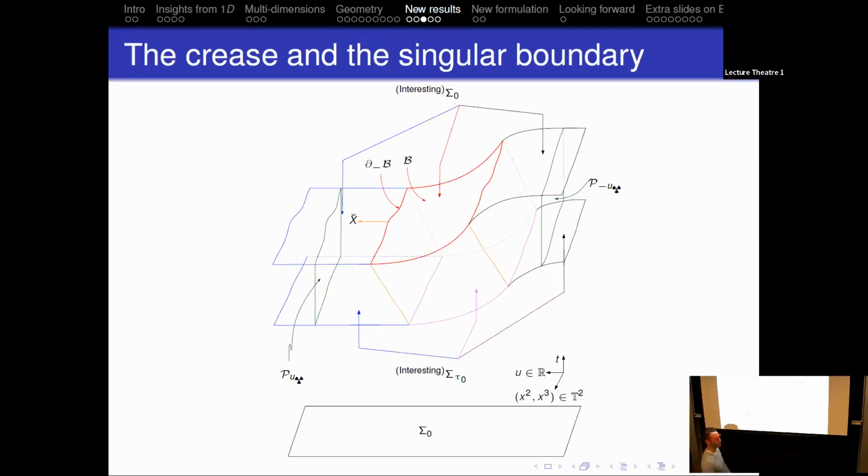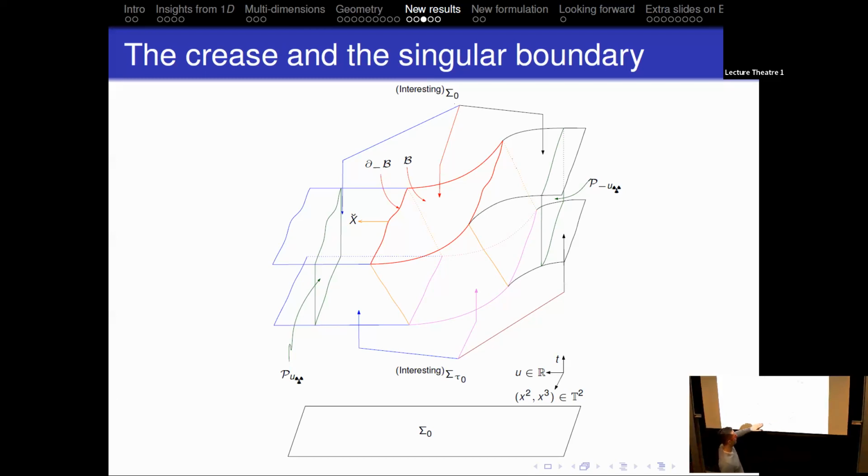Okay, so I have 5 minutes left. I will show a few pictures and then say a little bit about the Cauchy horizon. This is what we constructed in the first paper with Leo, which is posted. It's got the words singular boundary in the title if you wanted to look it up. I'll be very schematic and terse because of time constraints.